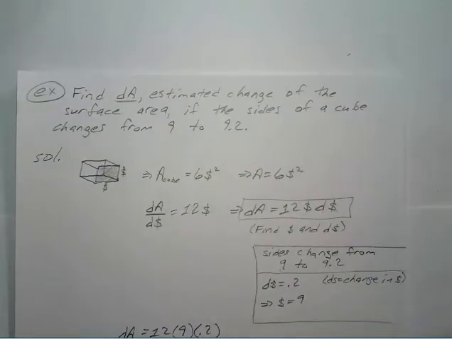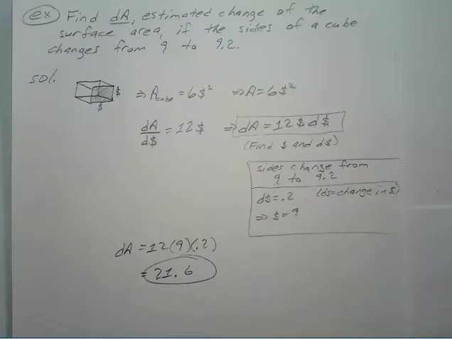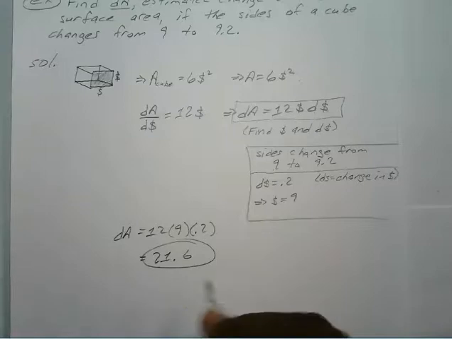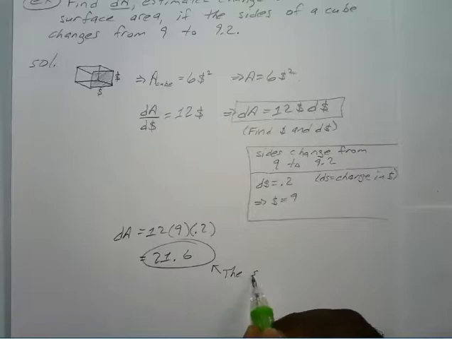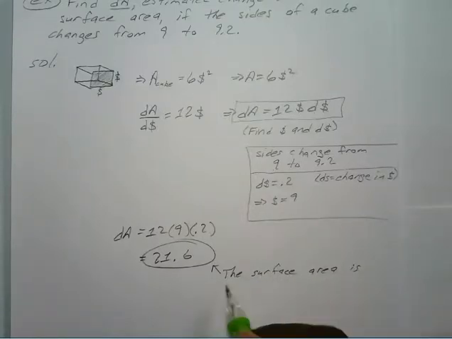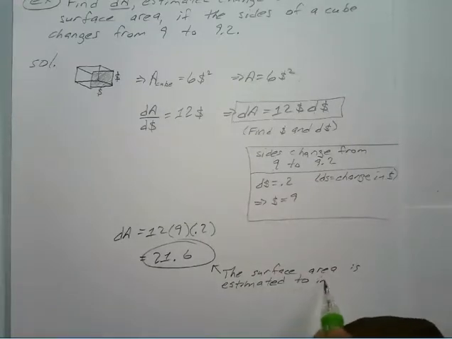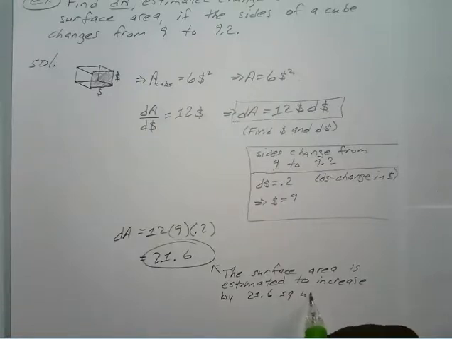So we know that equals 21.6. Nope, sorry about that. So this gives us our surface area. The surface area is estimated to increase by 21.6 square units.